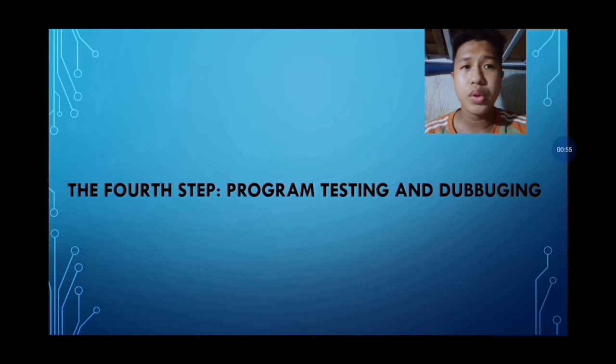Number 2. Debug the program. After test checking, the programmer needs to compile the source code to convert it into the object code. This is necessary because computers cannot understand the programming language directly unless it is transformed into a machine language.